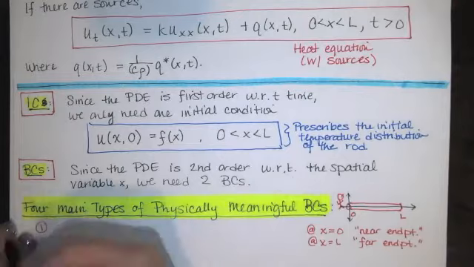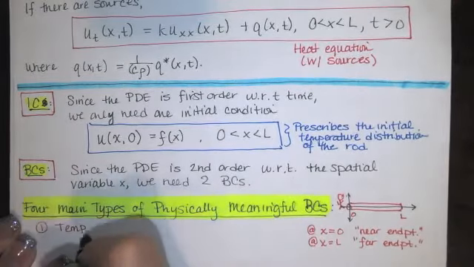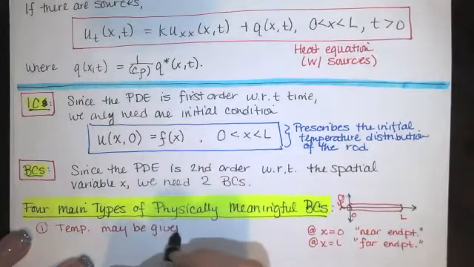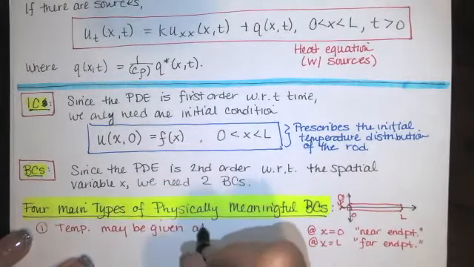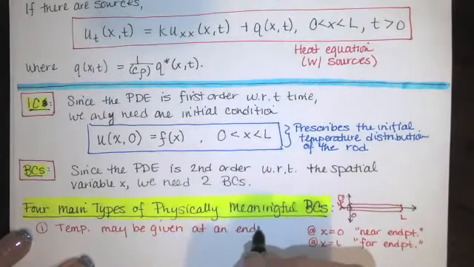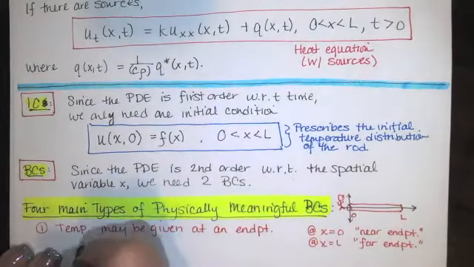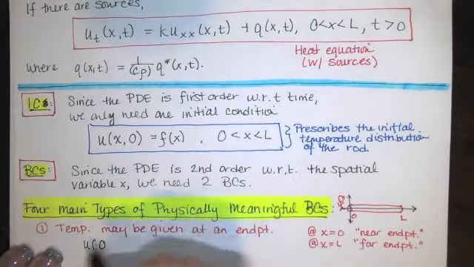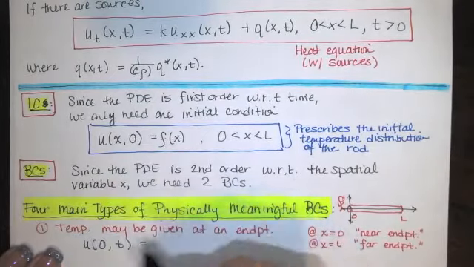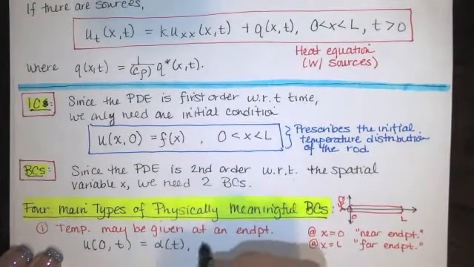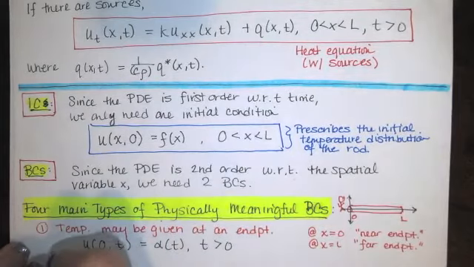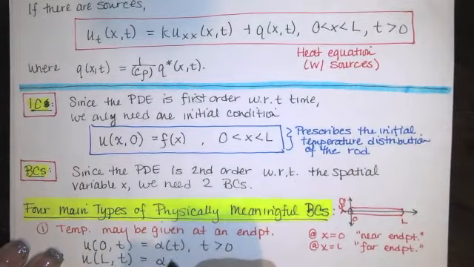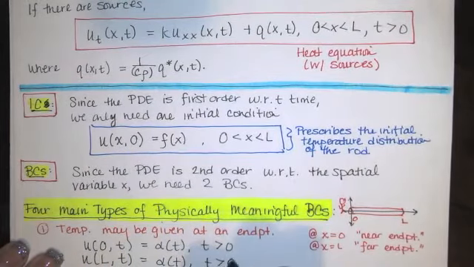The first is that the temperature might be given to you at one of these endpoints. You might be told that at x equals 0, the temperature is given to be some function of t for all t greater than 0. Or you might be told that at x equals L, the far endpoint, the temperature is given by some function of t.